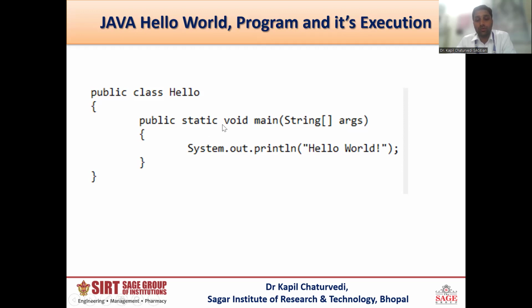Static means that when the operating system calls main, and main is a method of that particular class, to call the method of any class we must invoke an object. But in this case, the operating system will call main, and it does not want to create the object of that class. So we are writing static.